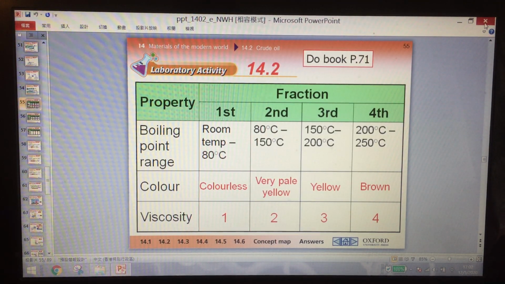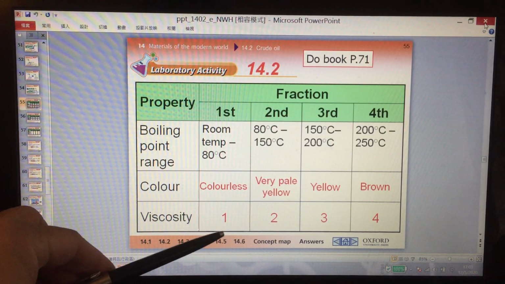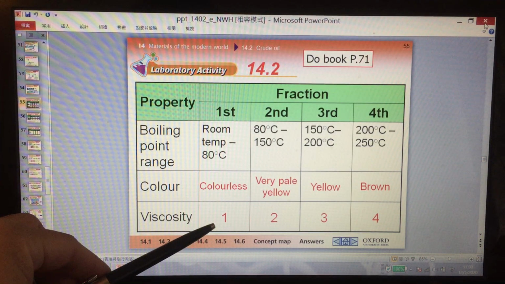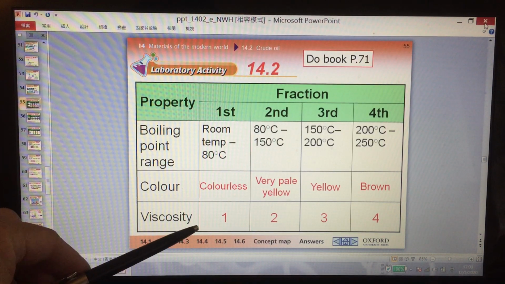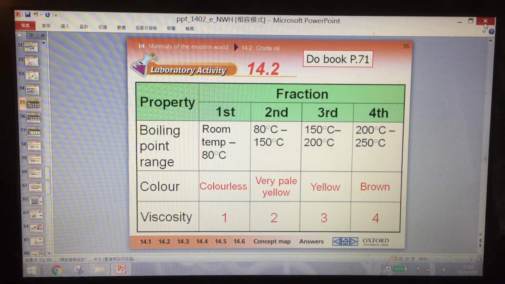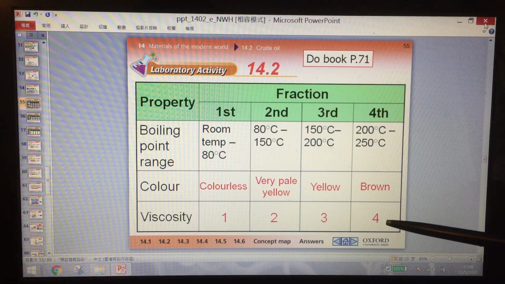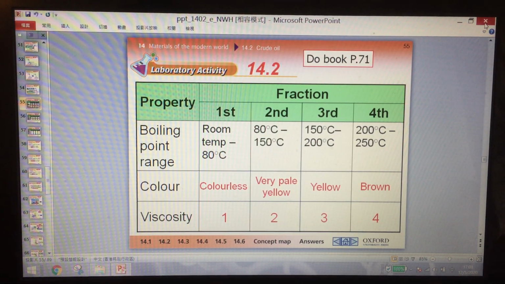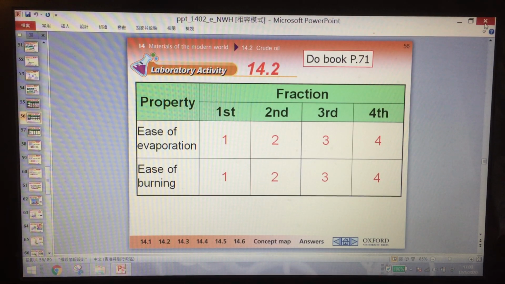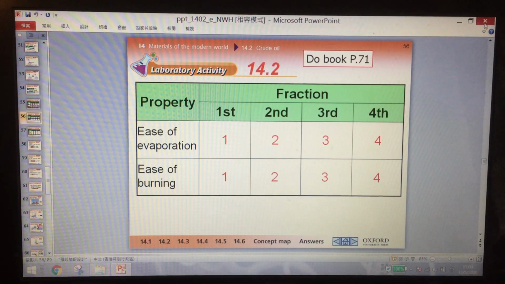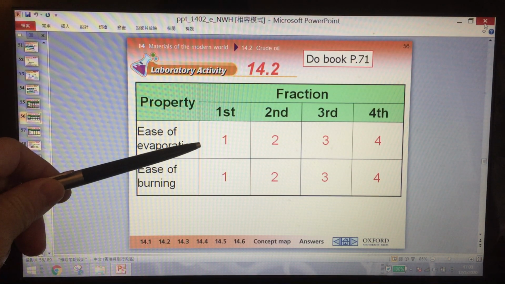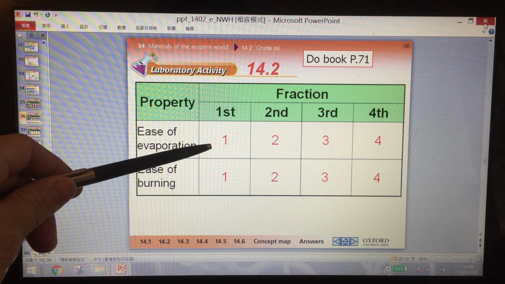And then viscosity. Small molecules flow very easily, so the viscosity is lower. High viscosity means it is not easy to flow. And then ease of evaporation. If the molecule is very small, it easily becomes vapor.